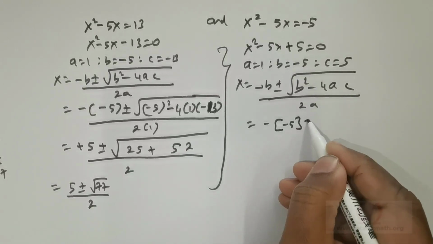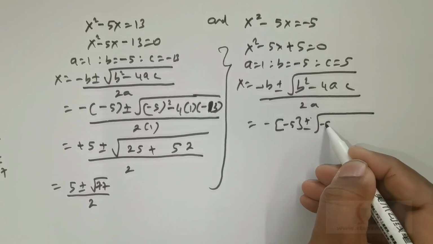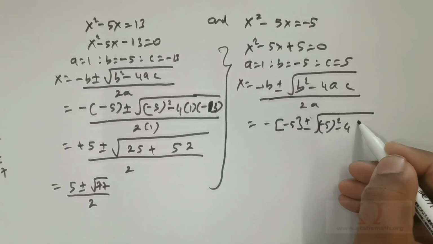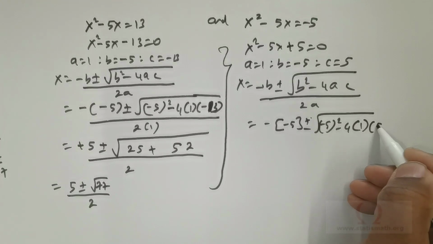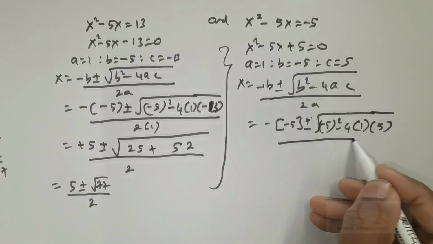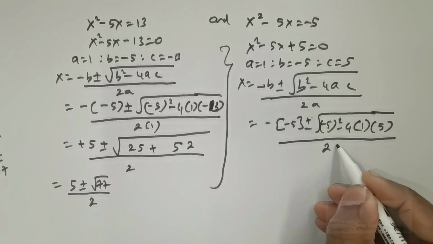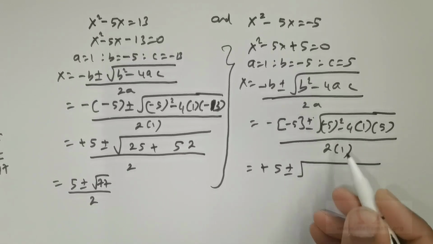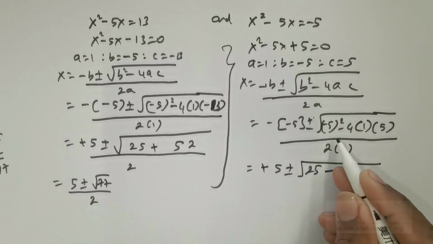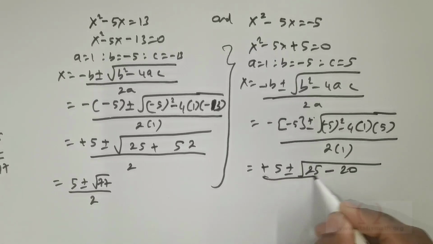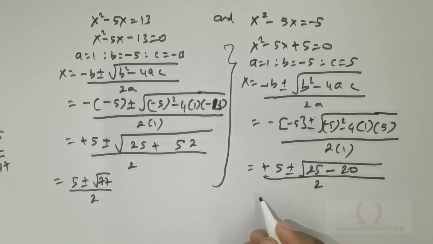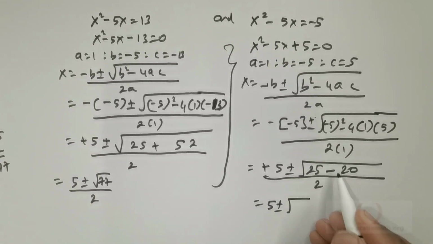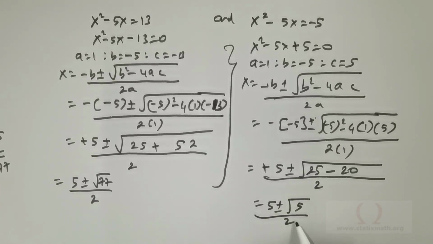Negative of -5 plus or minus the root of (-5) squared - 4 times a times c, which is 5, divided by 2 times a. This is 5 plus or minus the root of 25 - 20, divided by 2. So that would give me 5 plus or minus the root of 5, divided by 2.